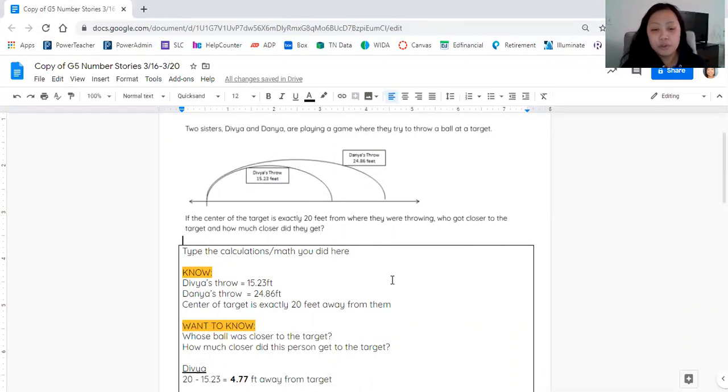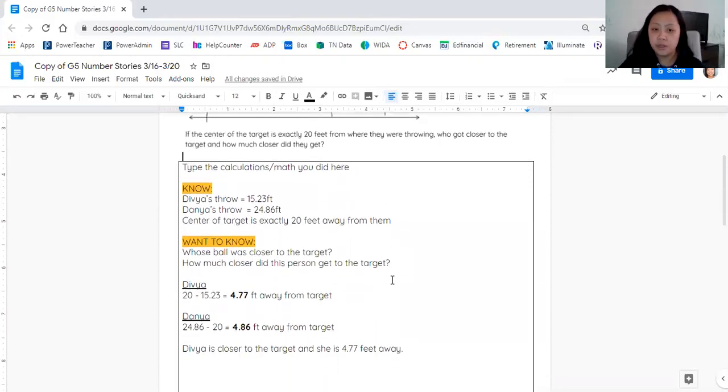So the first part in what they're asking you to do here is to type the calculations or the math that you did. But we know that in order to fully understand a problem and in order to fully gauge what the situation is, we want to annotate what we know and what we want to know, and this is what Ms. Hang has annotated here. What we know, again, are facts from the problem.